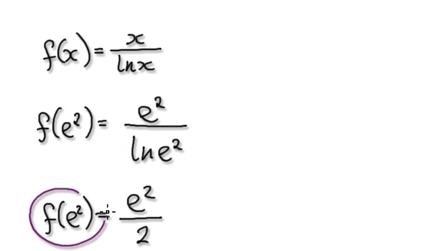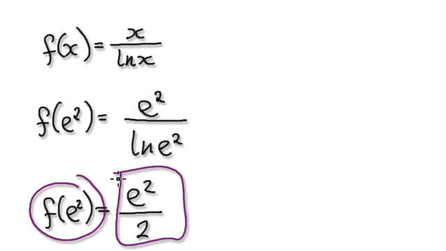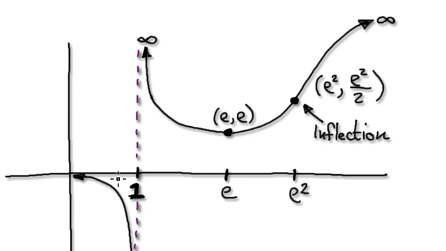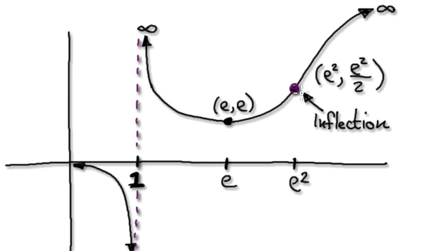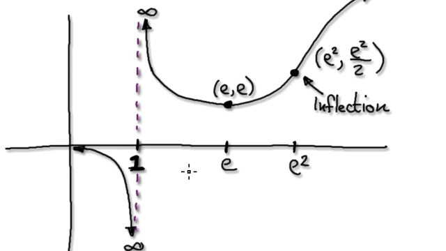So f of e squared is this thing here. The coordinates of our point of inflection will be e squared comma e squared over 2. So the coordinates right at our point of inflection is right here. I will elaborate more on this in the next video.